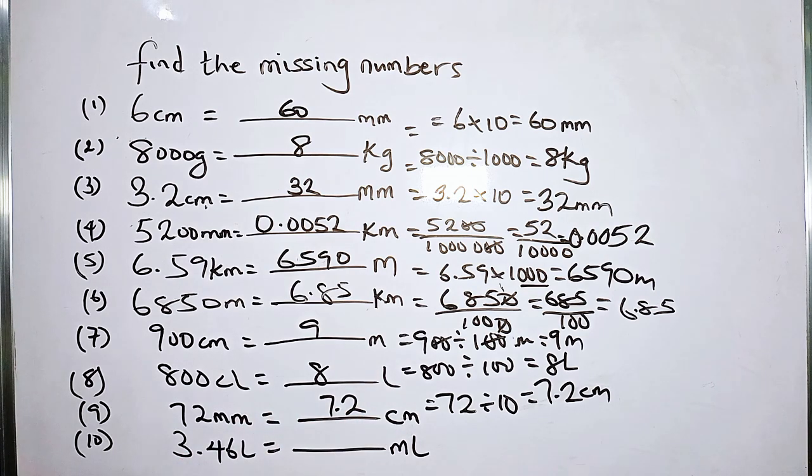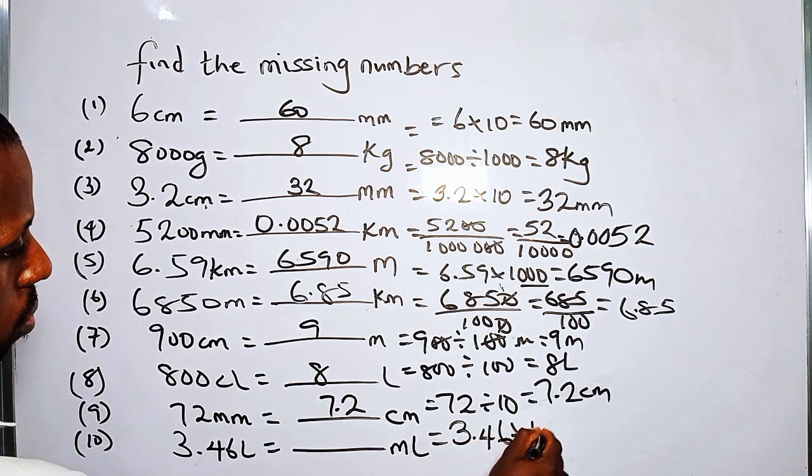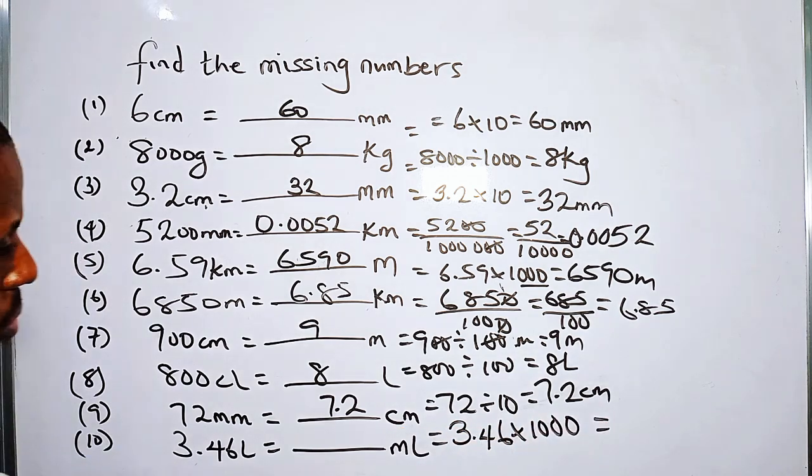And we have to take from liter to milliliters. From liters to milliliters, we multiply by 1000, so we have 3.46 times 1000. Why? Because we are taking from liter to milliliters.